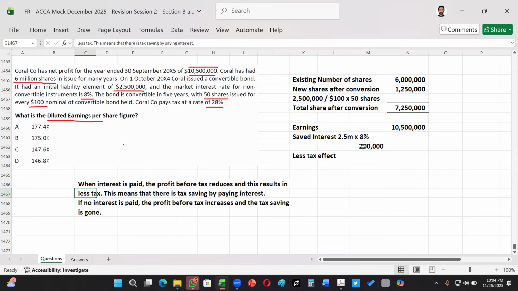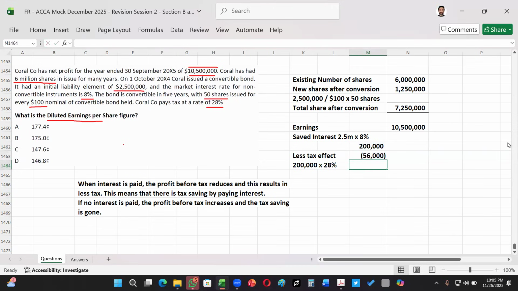That tax saving is not going to be there. So the tax save, which was before, but it is not available anymore, it is going to be this 200,000 multiplied by the figure 28%. So this tax that was saved is not going to be there anymore. So we're going to take this 200,000 and we're going to take 28%. So we're going to deduct this figure because there is no tax effect.